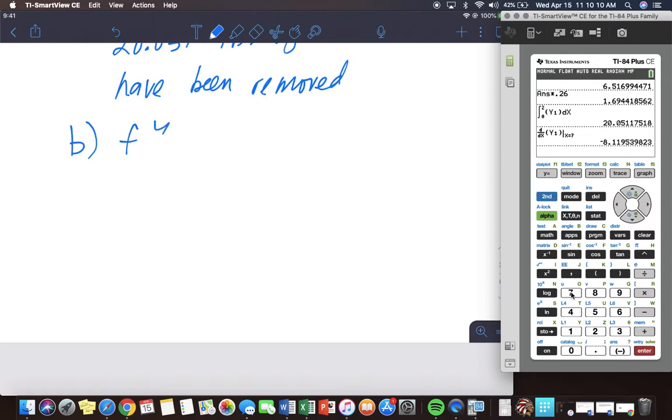So f prime of 7 is negative 8.119. So what does that mean, right? So we want to be able to apply this to the context of the problem and figure out what exactly this means. So f was already a rate. f was the rate at which they were being removed, right?